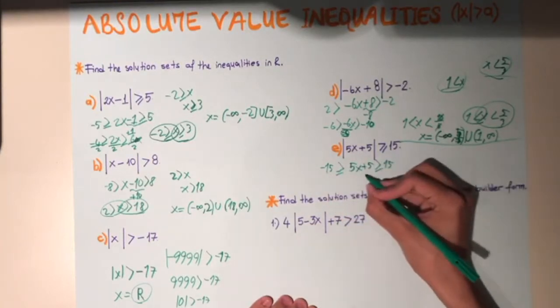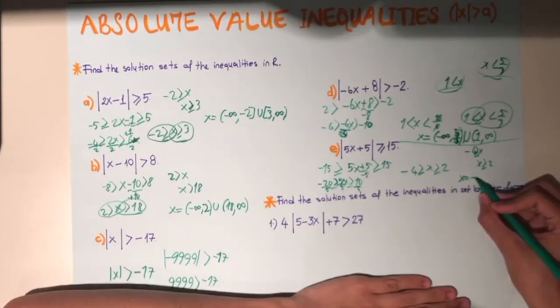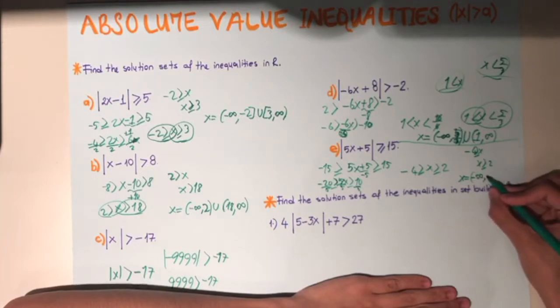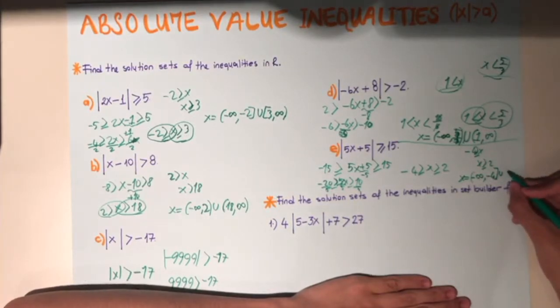And so to leave x alone, we're doing the same things again. Minus 20, minus infinity, comma, minus 4, but it's closed. Union, we're writing 2 to infinity.